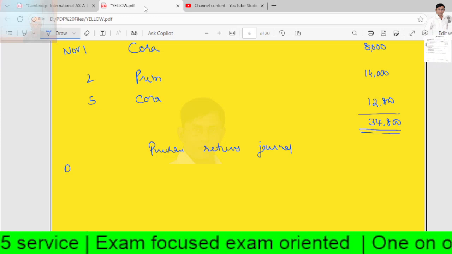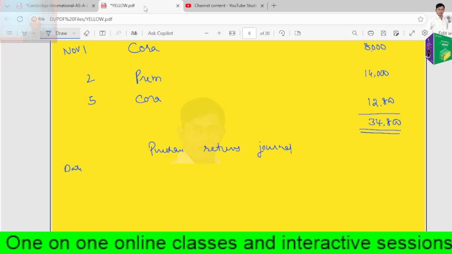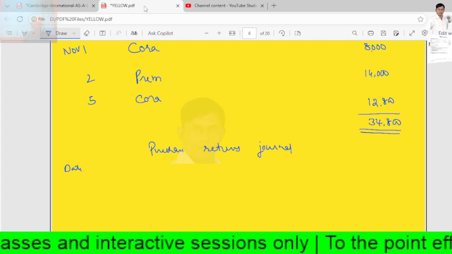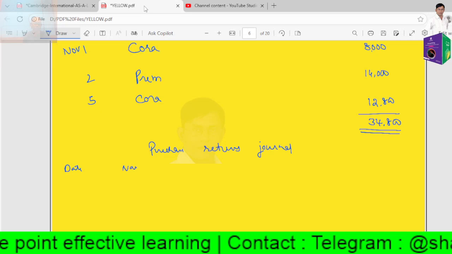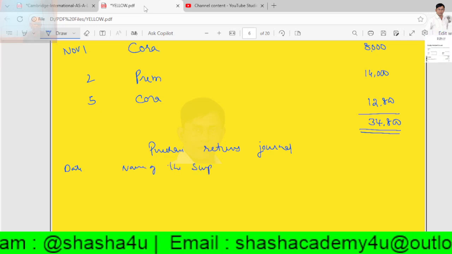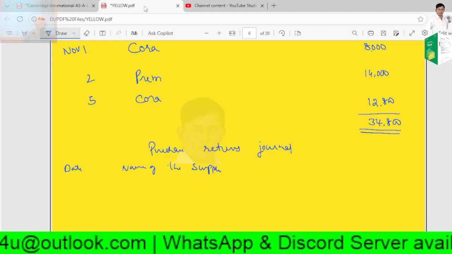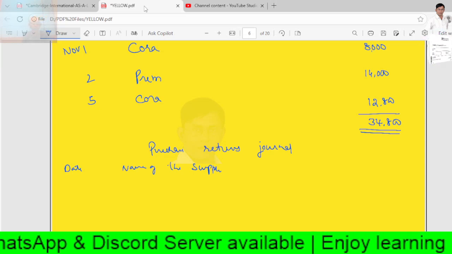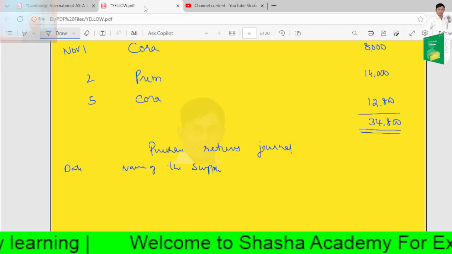You have to write the date, the name of the supplier, and the amount.